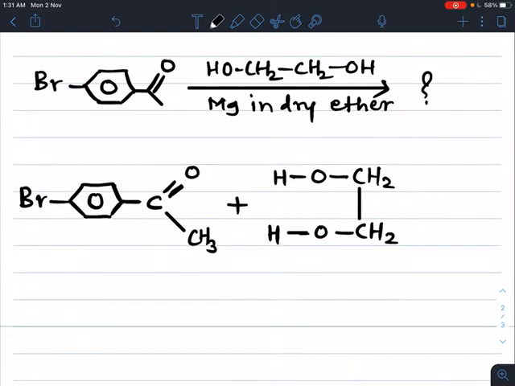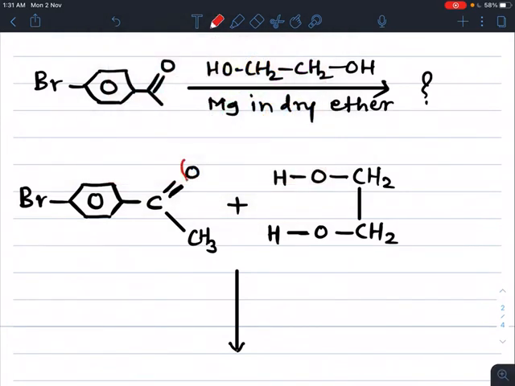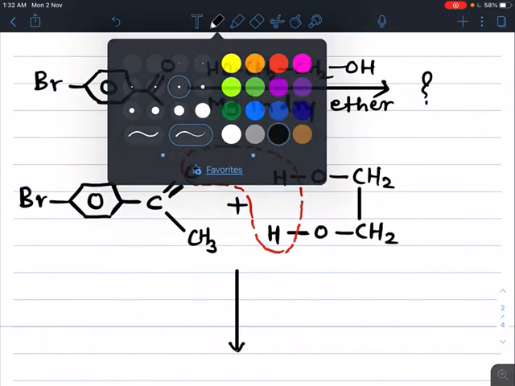Now when the reaction takes place, in presence of dry HCl, we get the forward reaction. So finally replacement of H2O takes place. This oxygen is removed with these two hydrogens, and the other oxygens are bonded to this carbon. So finally we get the product. What do we get as the product?